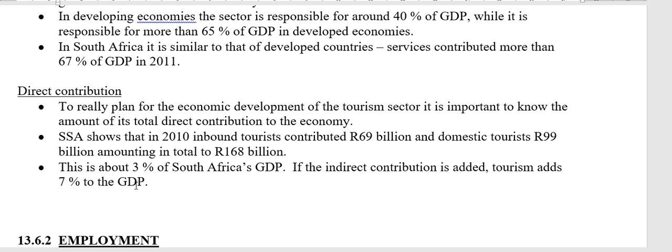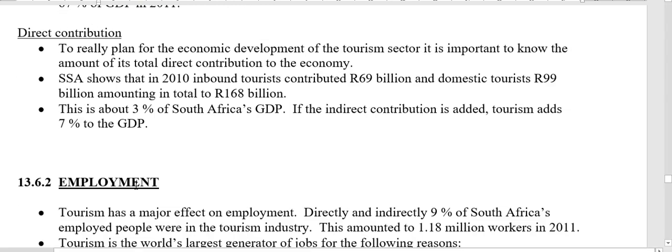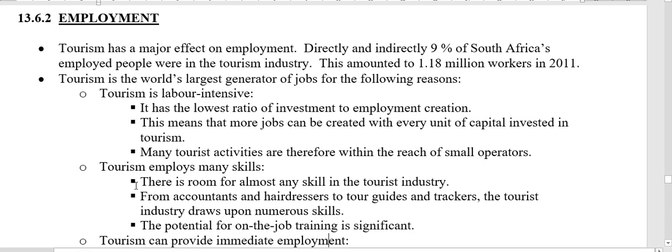And tourism, just one industry, contributes 7% of the GDP. That is quite a significant contribution. And as I said, it is growing. Not at the moment because of COVID, but generally, the trend is for the contribution of tourism to increase over time. Okay, so that is the contribution that tourism makes to the GDP, right?